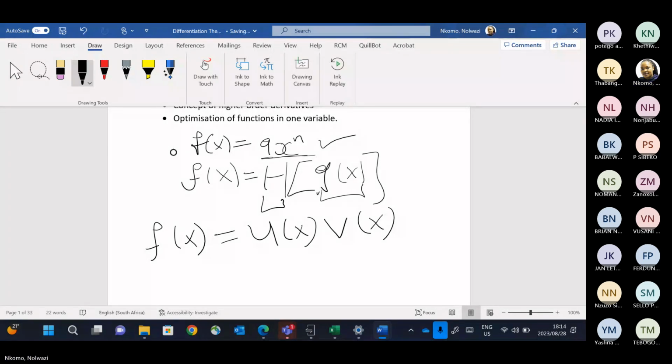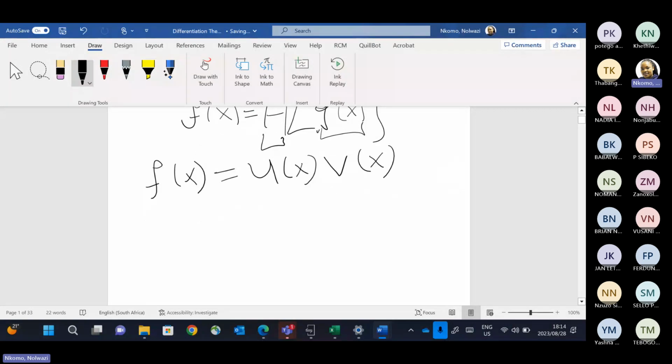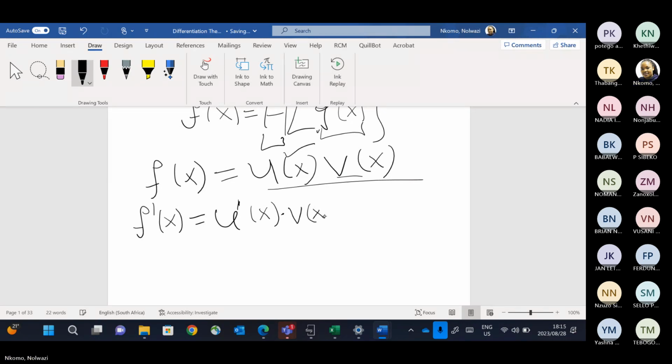Applying the product rule, your derivative f prime at x would be the derivative of the first function, u prime at x, times the second function itself, plus the derivative of the second function, v prime at x, times the first function itself.